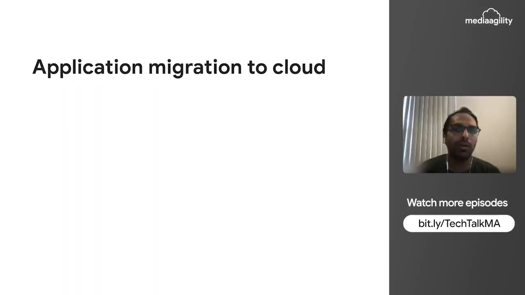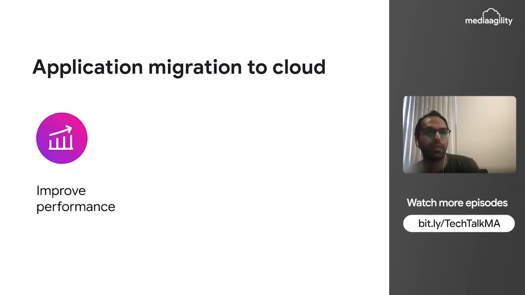Application migration to cloud: the cloud can help you in many ways for your microservices. It can definitely improve your performance. It allows you to use the best products on the cloud. For example, if you want to use BigQuery for some analytic purpose, or maybe Bigtable, if you have these tools accessible on the cloud, you can definitely improve your application performance.